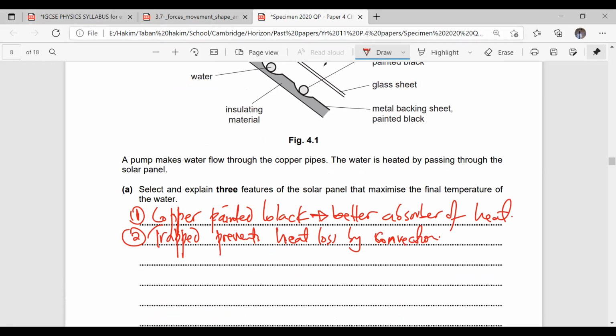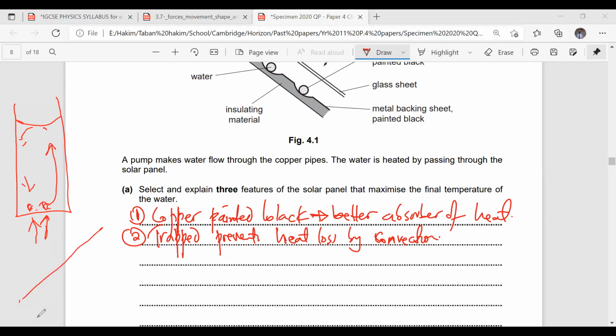In case you remember about convection, convection is the form of heat transfer in fluids. For example, if this is water and you heat the bottom, the fluid particles are going to simply rise up. And in case this one was colored, then the color simply spreads like that. And in case you remember this experiment, this is a test tube.